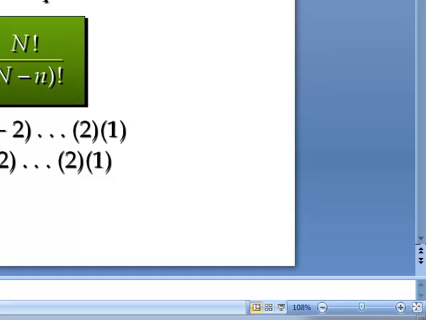Please take a moment to consider the formula. As you will see, the formula is big N factorial divided by big N minus small n factorial, where again the factorial operator is the same as in slide 10.